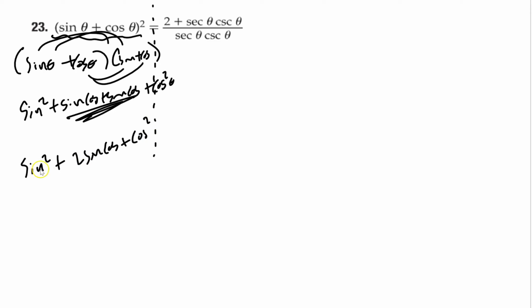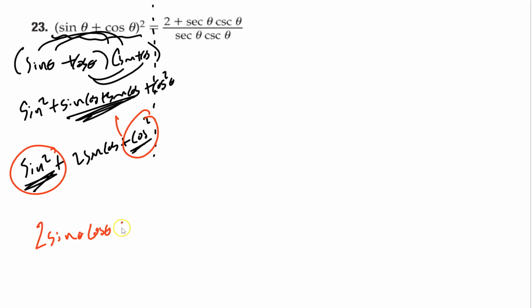Now if you know something else, sine squared plus cosine squared equals 1. So these two put together is just 1. So I'm going to get 2 sine theta cosine theta plus 1. That's as far as I go on the left side. Just simplify it, multiply it out, and you get 2 sine cosine plus 1. As far as you could go.